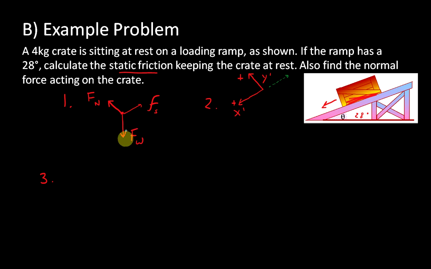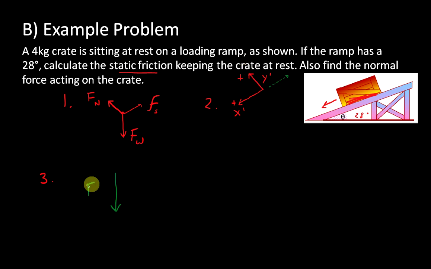However, I do have to break down the weight. So here I go. I'm going to draw the original vector. And then my tip from the last video, so we know exactly where our theta is: immediately after drawing the straight down, draw the y component. And the y component from my coordinate system is up and to the left.